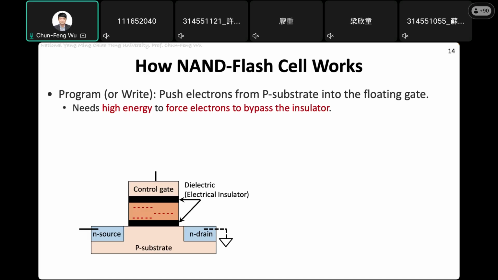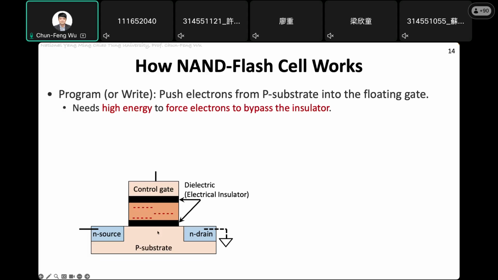The reason NAND flash cells, the SSD, can be a non-volatile device is they use this dielectric layer to insulate the electrons and keep them from fleeing off. If you don't give it any energy, those electrons will not have enough energy to pass through this dielectric layer.